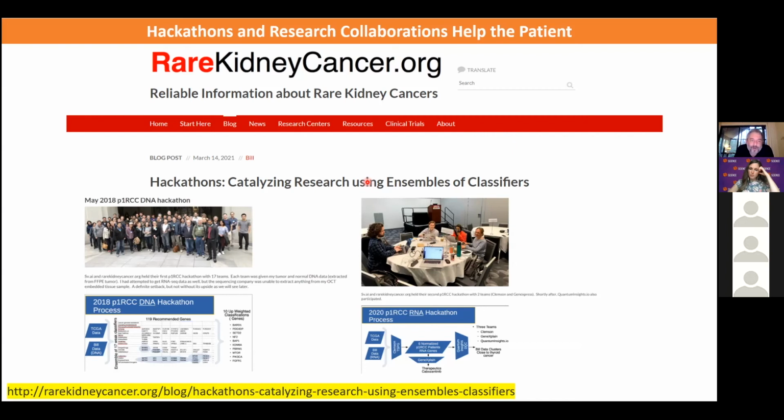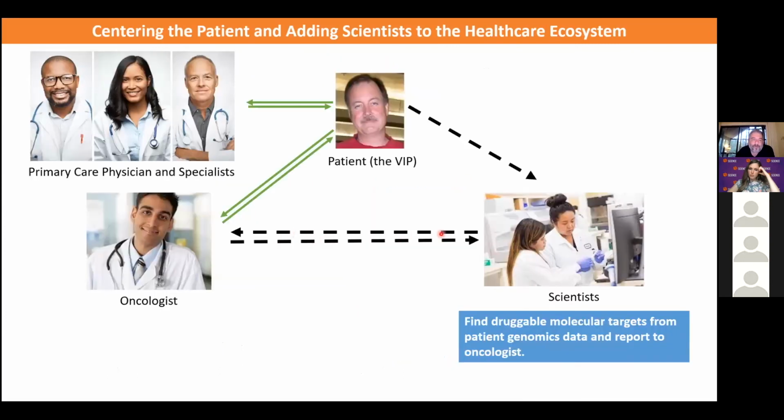Because I am not part of the medical establishment. The oncologist is the medical establishment. Me having a relationship, and I'll try to draw these arrows here, between me and the oncologist is really important. So that's what I'm trying to do right now. I'm trying to meet with one person's oncologist next week and see if they want to do this.